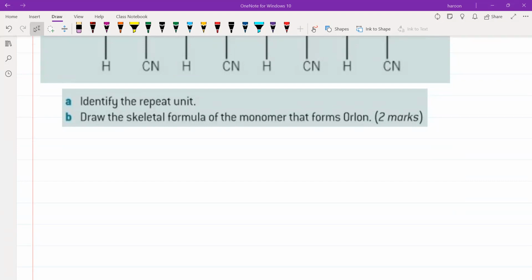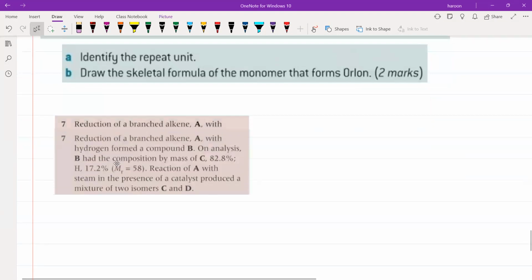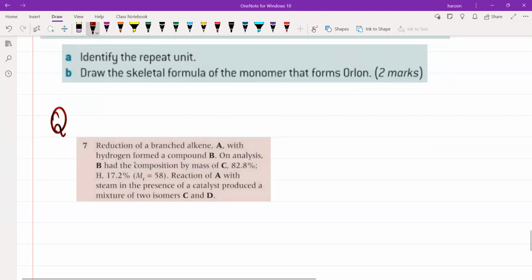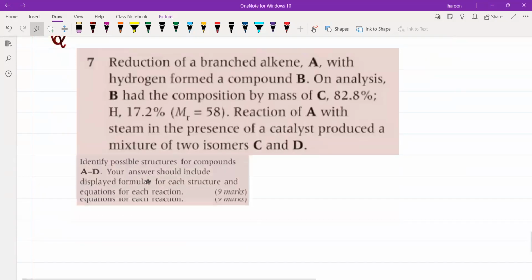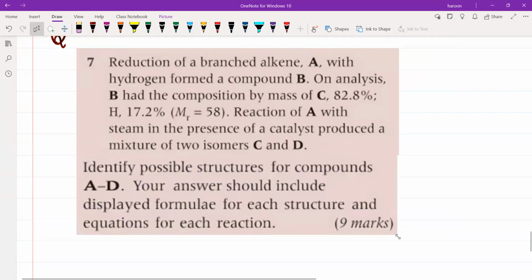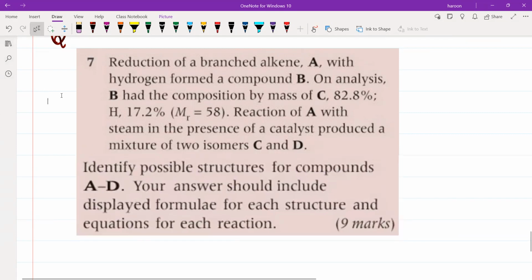It's a very interesting question. Okay, let's solve this question here.